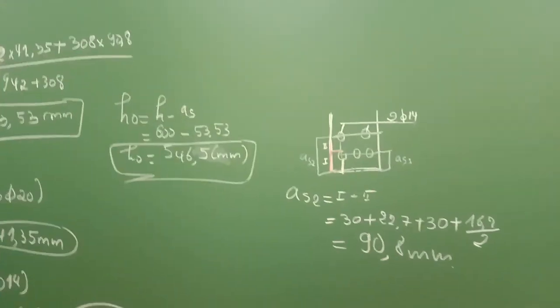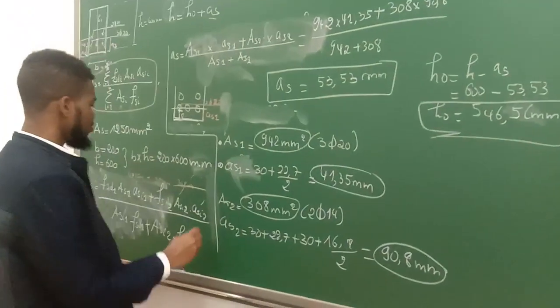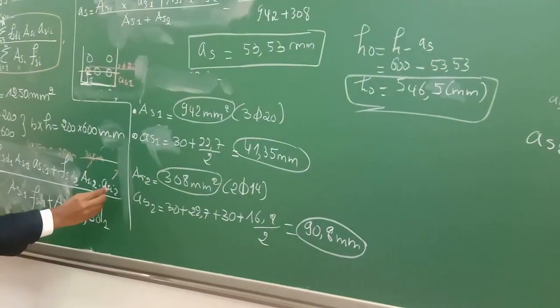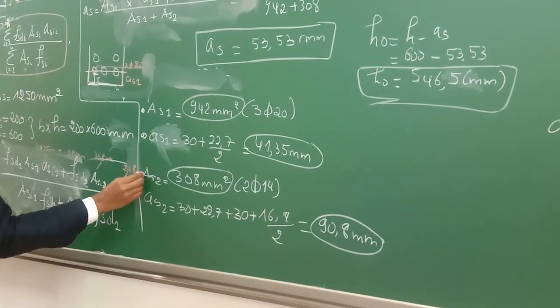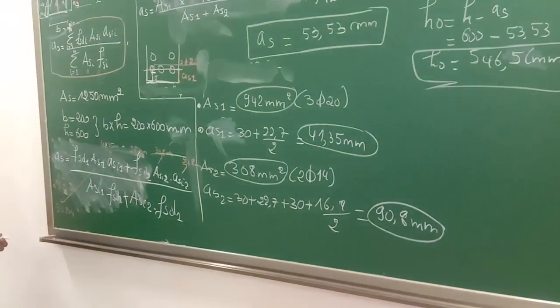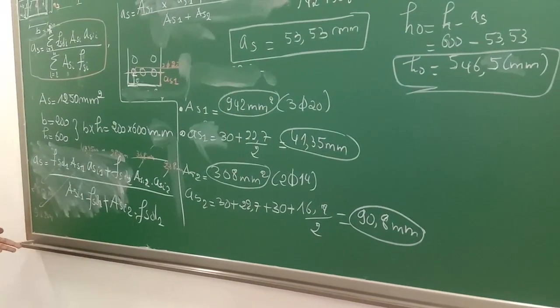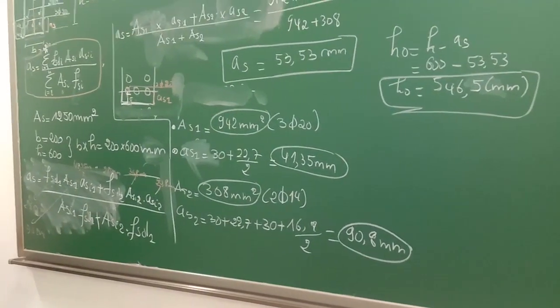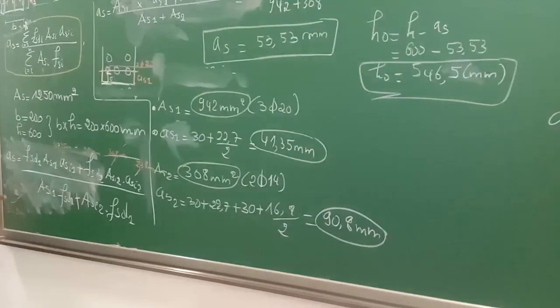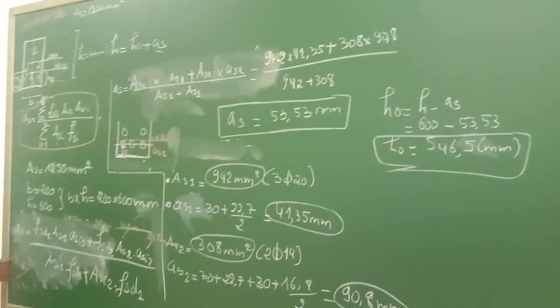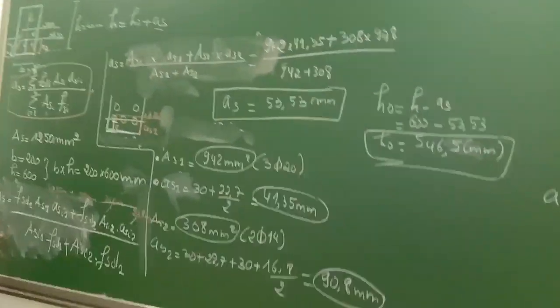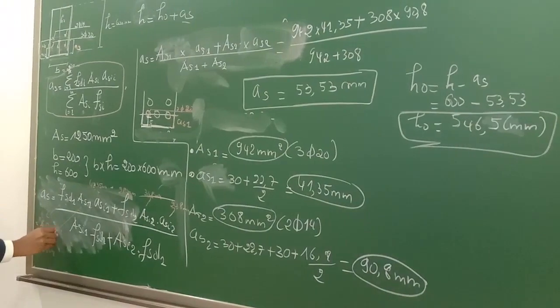So now we know AS2 is 90.8 millimeters. So now we know all the unknowns of our equation. AF1 we know, 280 millimeters.